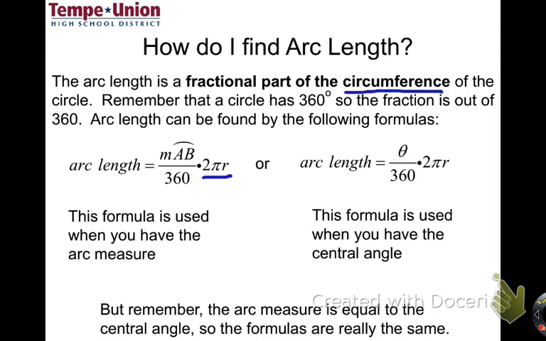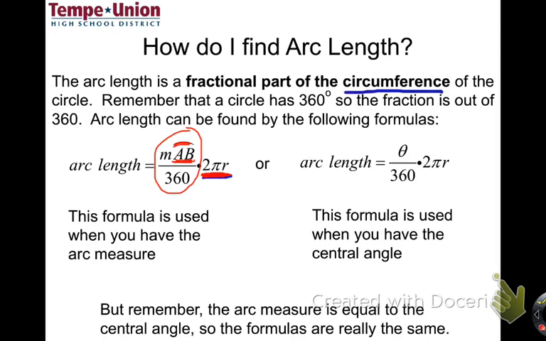If you were given the measure of the arc, you could divide it by 360, because 360 degrees is how much it is if you go all the way around the circle. Whatever that arc measure is, you divide it by 360 and that gives you the fraction of the circle. Then you multiply that fraction that I have circled here by the entire circumference, and that tells you how big the arc length is.